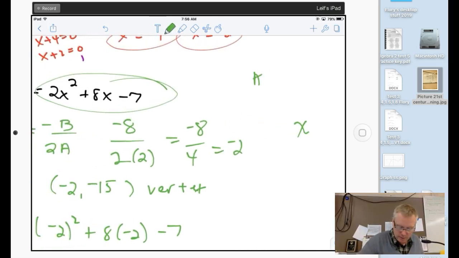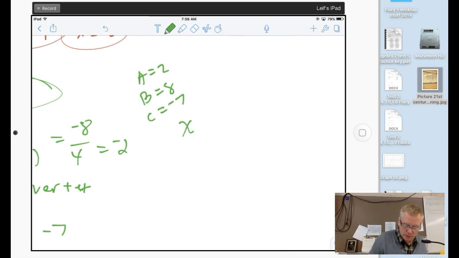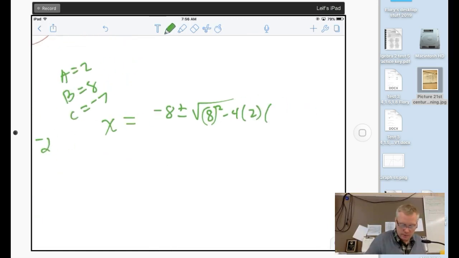So A is 2, B is 8, C is -7, and I can plug this into x equals the quadratic formula, -b plus or minus the square root of b squared minus 4 times A times C all over 2 times A.